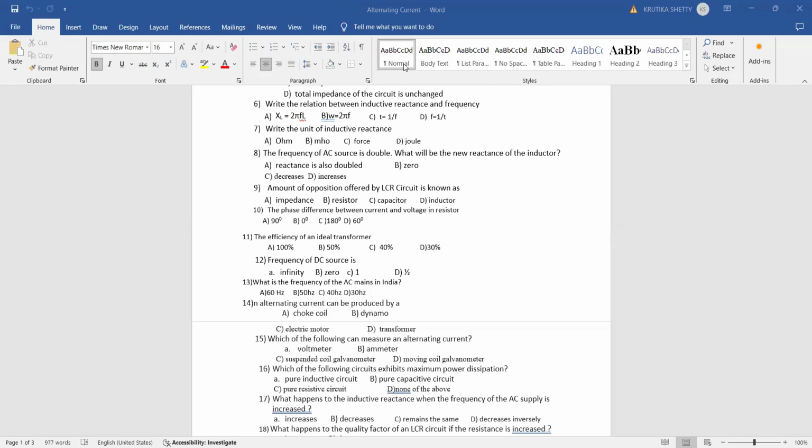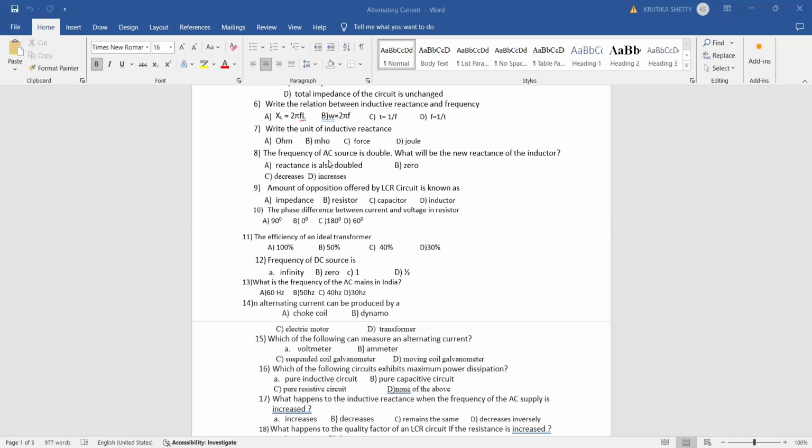Write the unit of inductive reactance, students. Again, a very simple question. Yes, it is ohm.